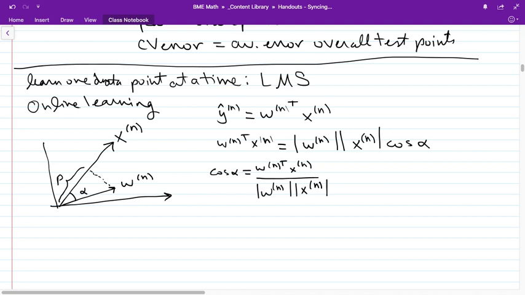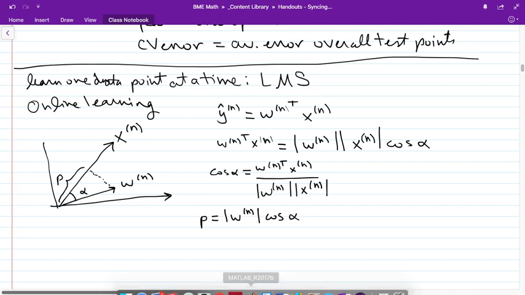So the length P is equal to the length of the vector W times cosine of alpha. All right, so when I project W onto X, I get a length P, and here it is, which is also related to cosine of alpha.